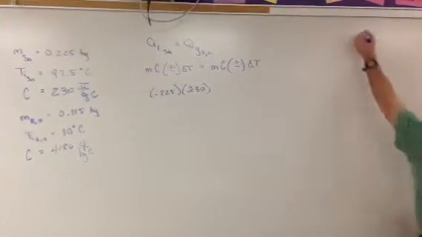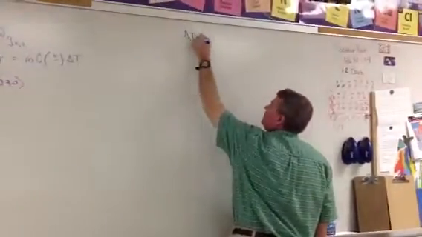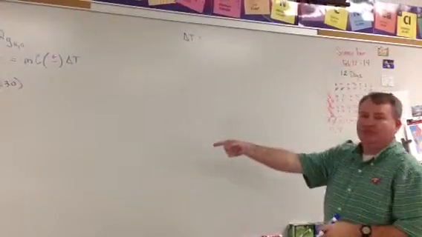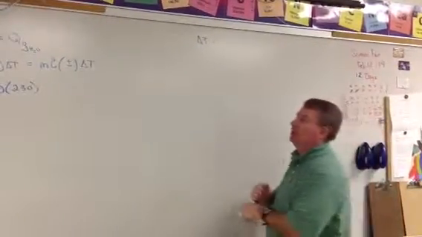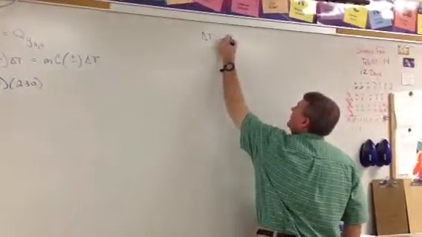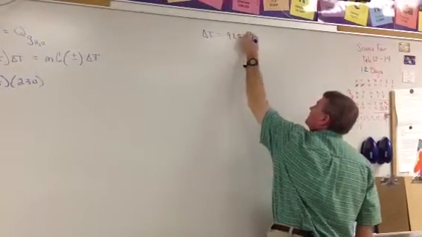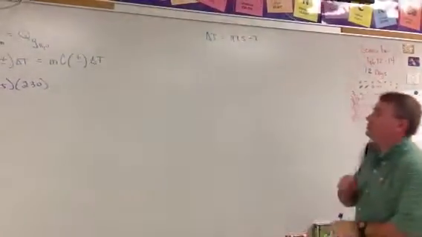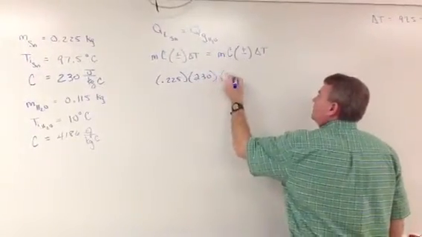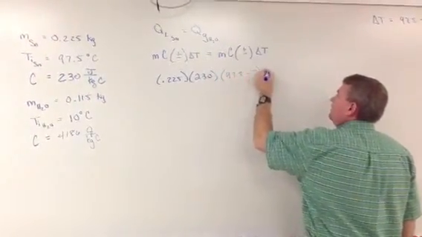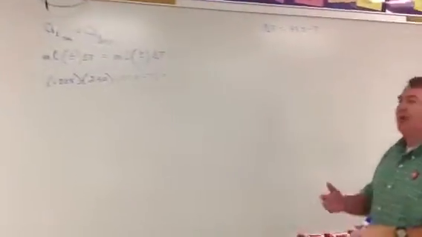The change in temperature for the tin, we'll put delta T. It's going from 97.5 down to some equilibrium temperature. So it's going to lose heat energy. So we would write that as 97.5 minus T. That's equal to the change in temperature. 97.5 minus T. That's equal to the heat gained by the water.